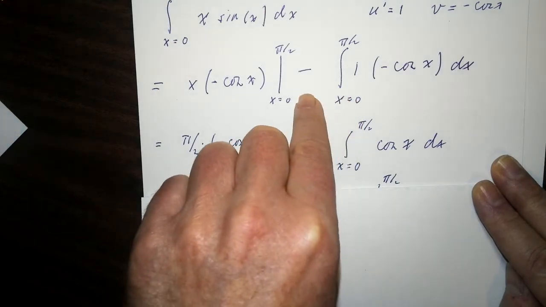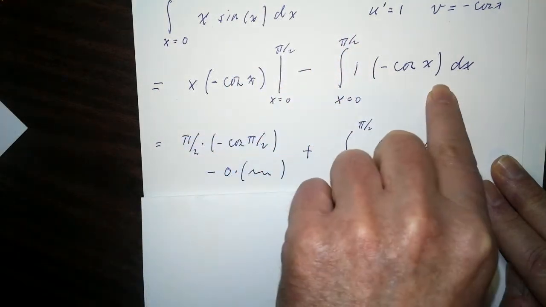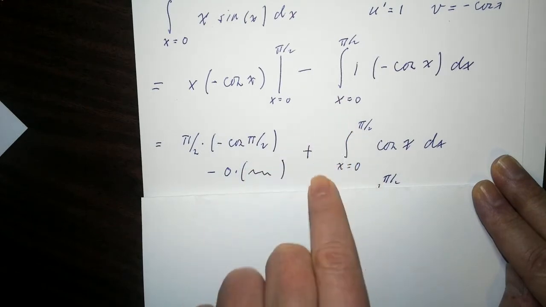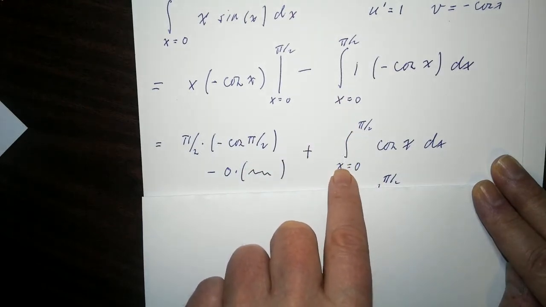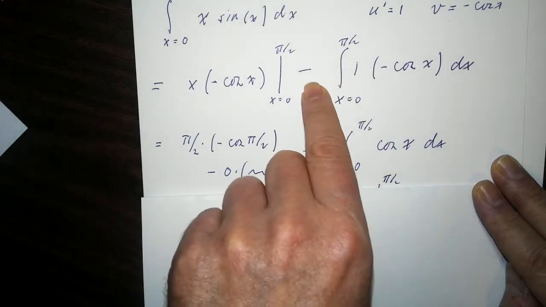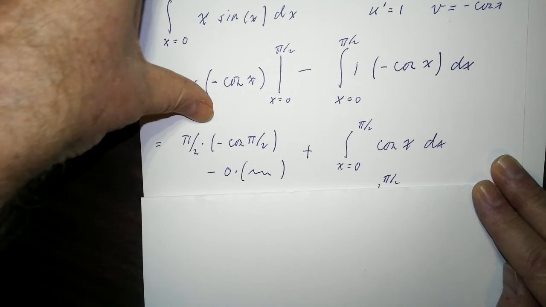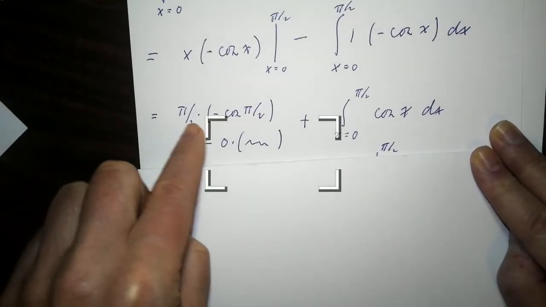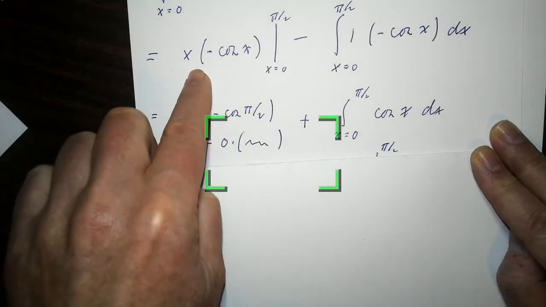Then I have to subtract this integral. Now there's a minus sign here and there's a minus sign, and those will cancel. So I'll have the integral from 0 to pi over 2. This is very common when we're dealing with trig functions, that we'll have a plethora of negative signs and there might be some cancellation. Now the cosine of pi over 2 is 0.